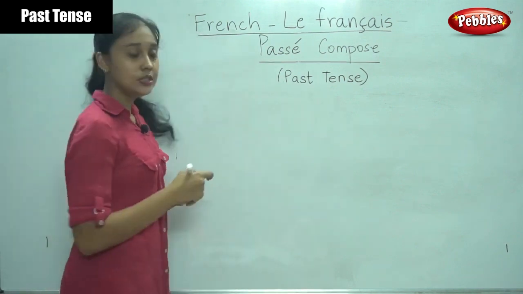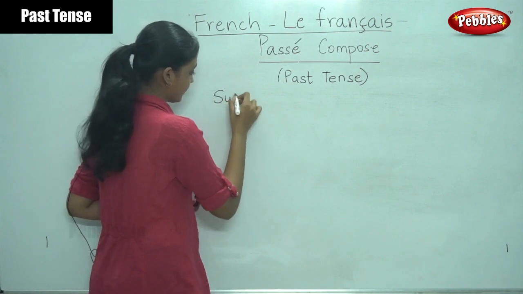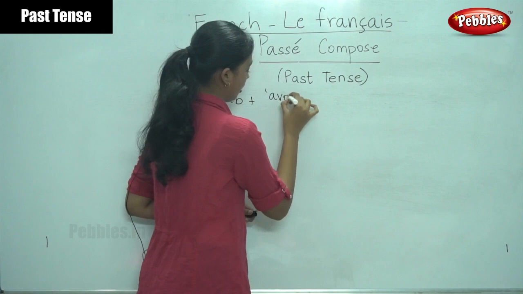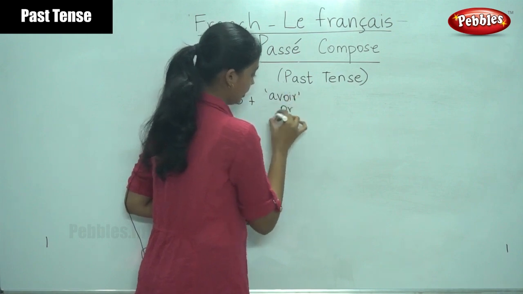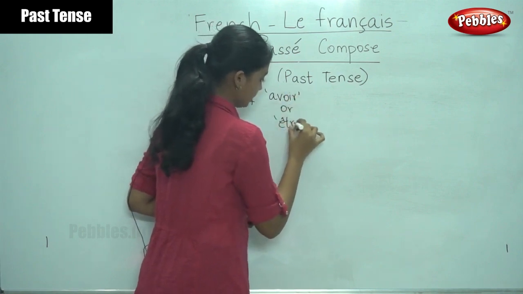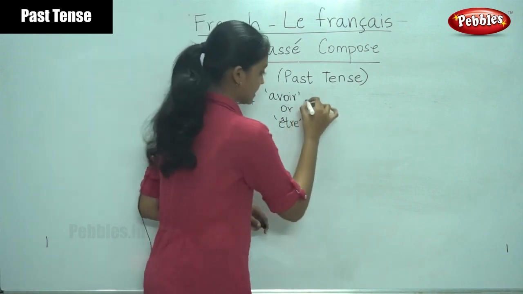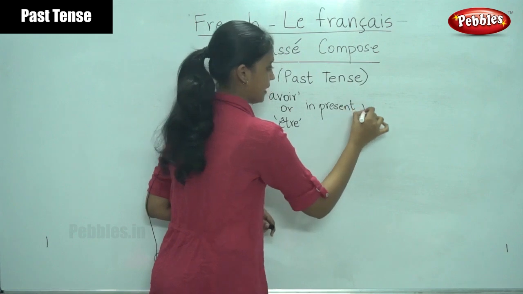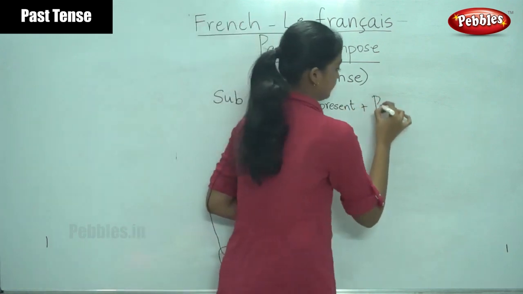Do you remember the rule? It was subject plus avoir or être conjugation in the present tense plus the past participle.